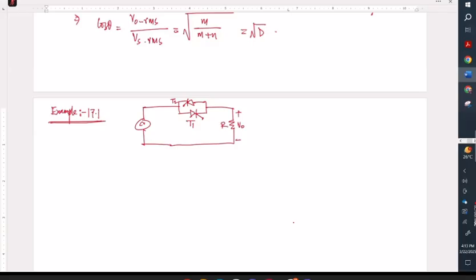It says this resistance value is given as 5 ohm, and input source voltage is given as 220 volt RMS, and frequency is 50 hertz. And it says the thyristor is switched on for 20 cycles. So M is 20 cycles, and it is turned off for 60 cycles.